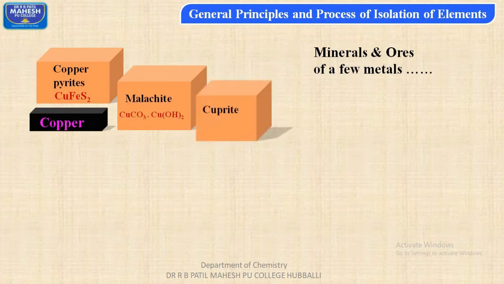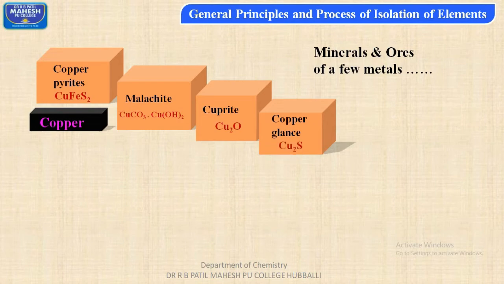The third mineral is cuprite with the formula Cu2O, that is cuprous oxide. And the fourth mineral of the copper is copper glance with the formula cuprous sulfide. Among all these 4 minerals of copper, the first mineral, students, that is copper pyrites, is selected as an ore for copper metal.